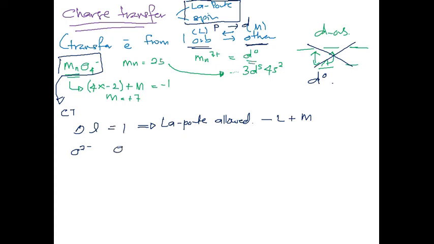Initially oxygen is 8. When you write the electronic configuration, 1s2, 2s2, 2p4 with O2, so the electronic configuration will be 1s2, 2s2, 2p6. Right, 4 plus 2.